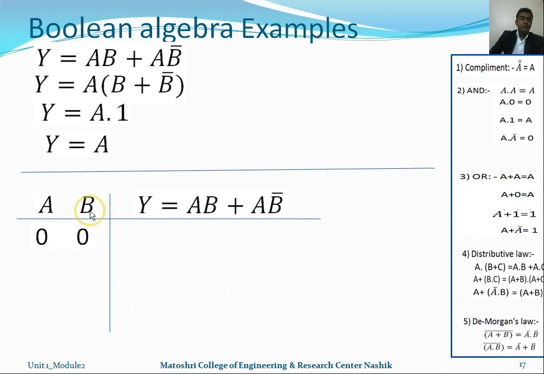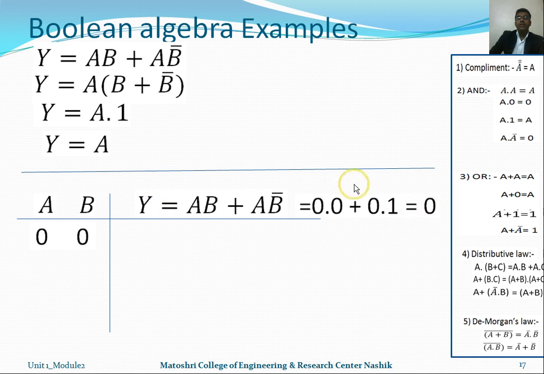If A is 0 and B is 0, then what is Y? We put A = 0, B = 0, and we are ORing with A = 0 and B complement. B complement means the B value is 0 and the complement of that 0 is 1. If we solve this, we get the output as 0.